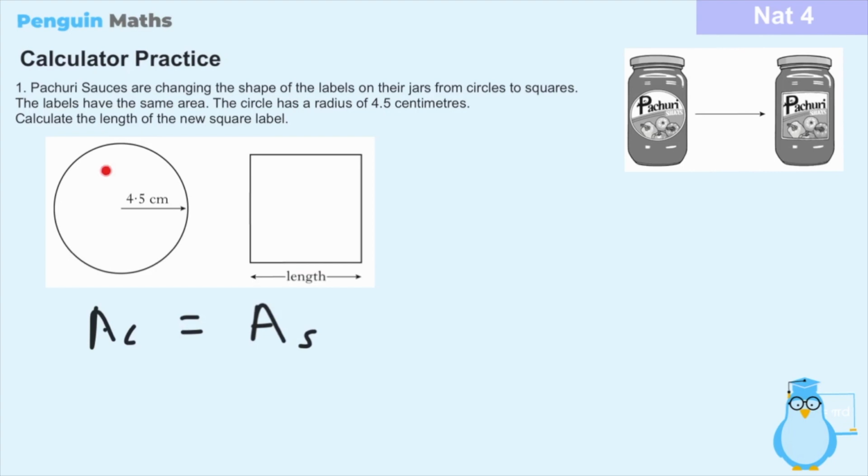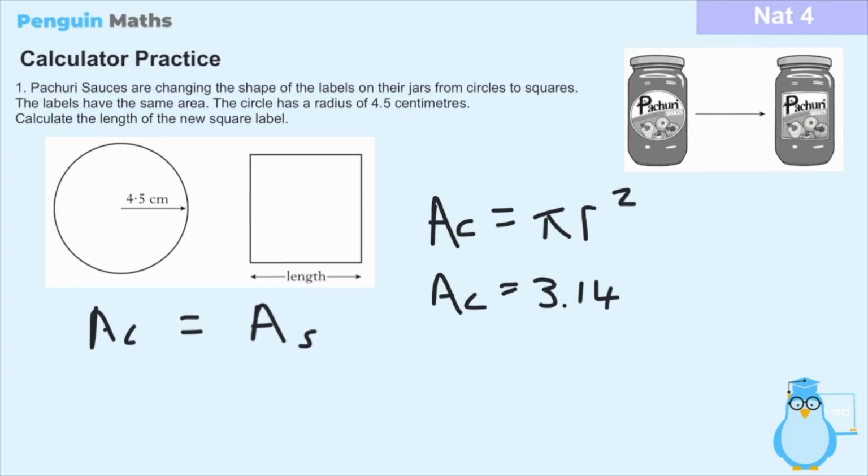And because we're given the radius of this circle, that means that we can calculate the area of that as well. So we can say that the area of a circle, so AC, is equal to pi r squared, which is just the general equation for the area of a circle. And we know that pi just simplifies to 3.14, and the radius is 4.5, so it's going to be 4.5 squared, which is just 4.5 multiplied by 4.5.